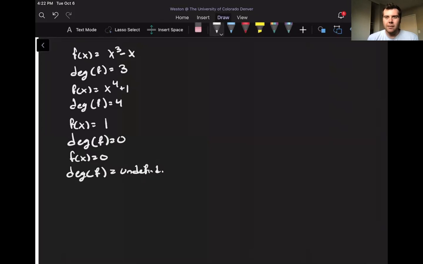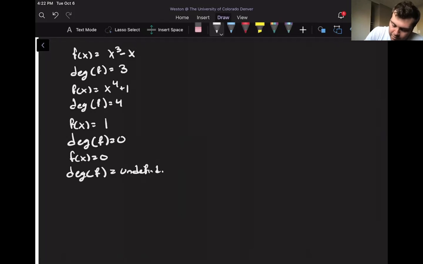The other one is in this field called abstract algebra, specifically something called ring theory, where it's convenient to set the degree of the 0 polynomial equal to infinity. So it just depends. And in this class, we're going to say it's undefined and usually won't matter too much for our theorems. So that's good.